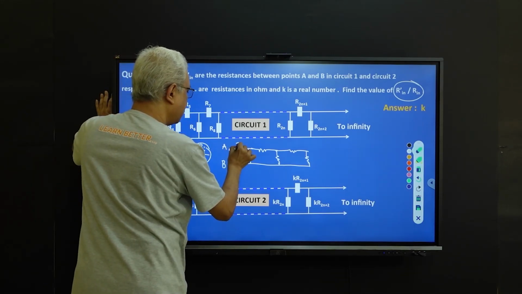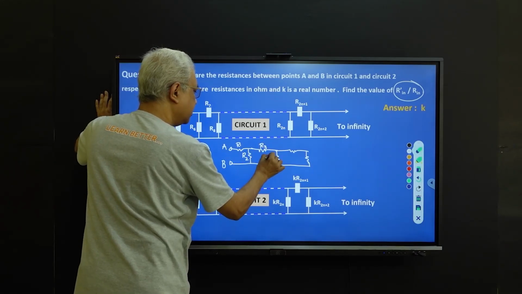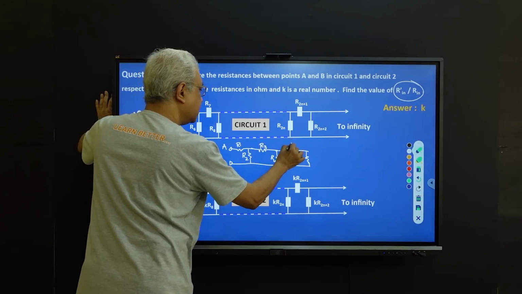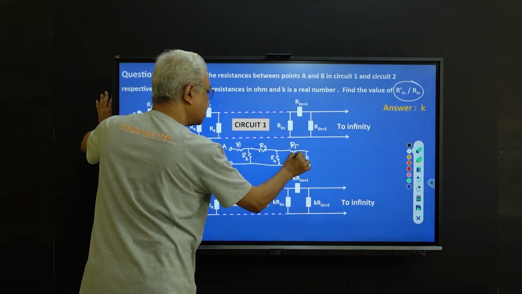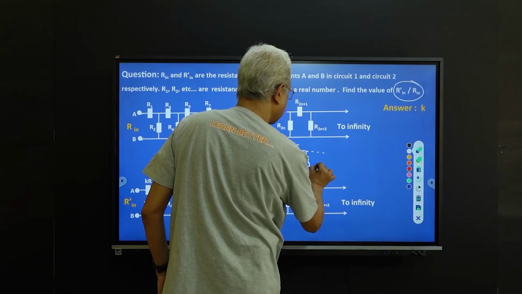This resistance is R1, this is R2, this is R3, this is R4, this is R5, this is R6, and it continues like this.